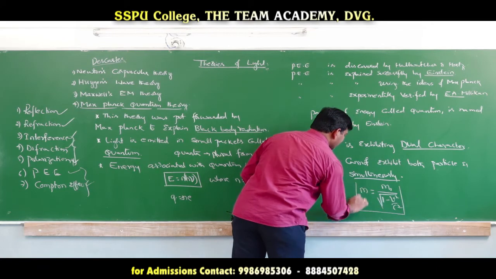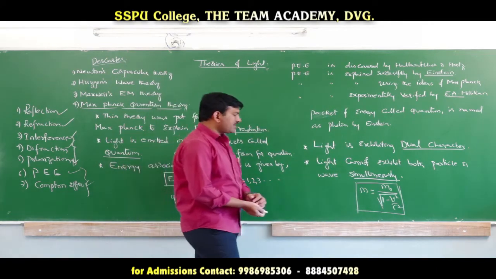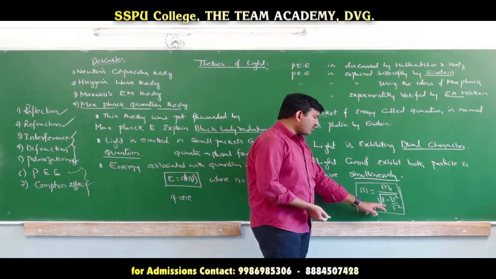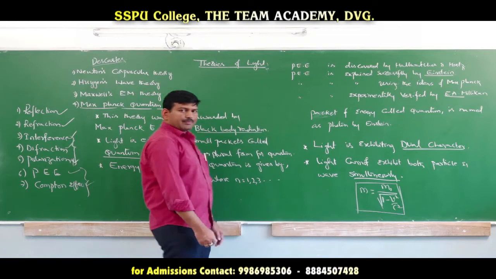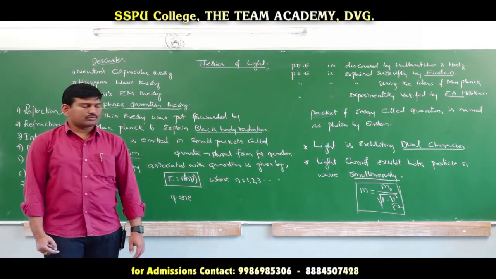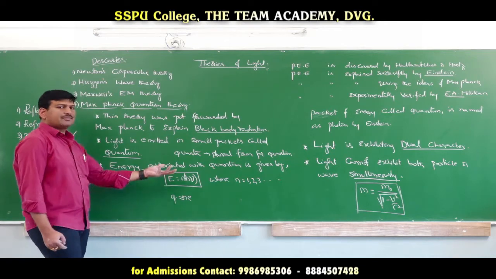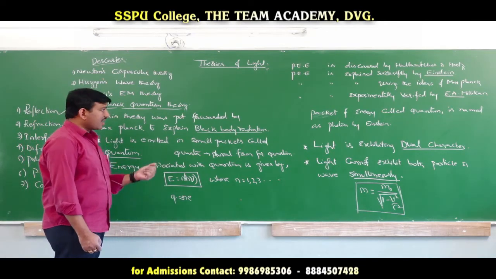According to the special theory of relativity, the mass of moving matter is given by m = m0 / sqrt(1 - v²/c²), where m0 is the rest mass of the particle. So, what is the rest mass of a photon? Rest mass of photon will be 0. When the photon is moving, then only it will be treated as having some mass as well as some energy.